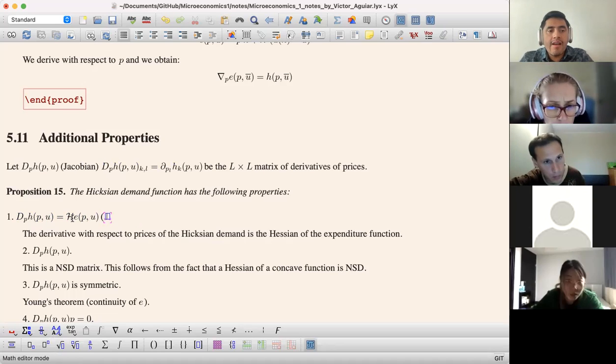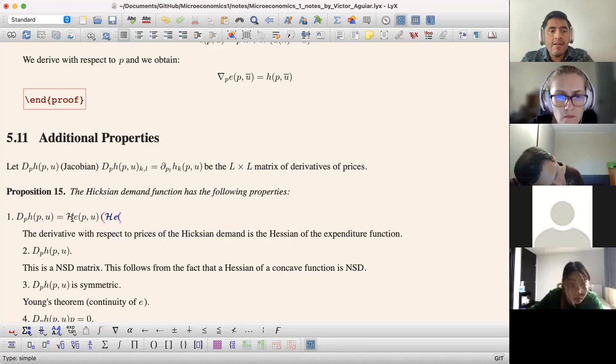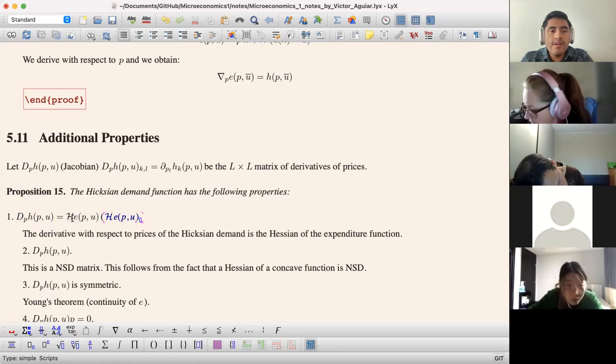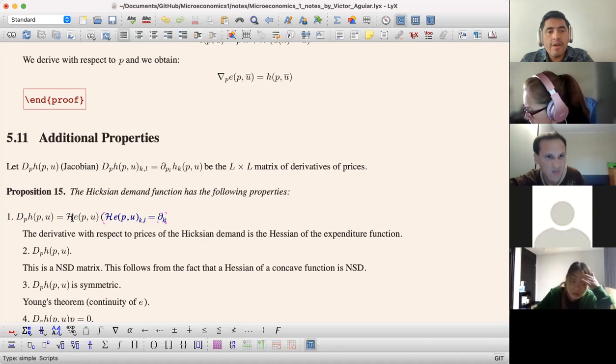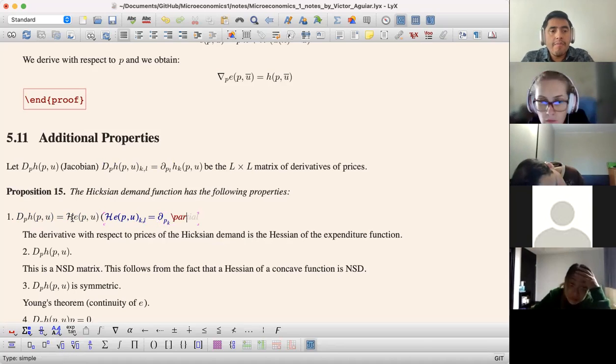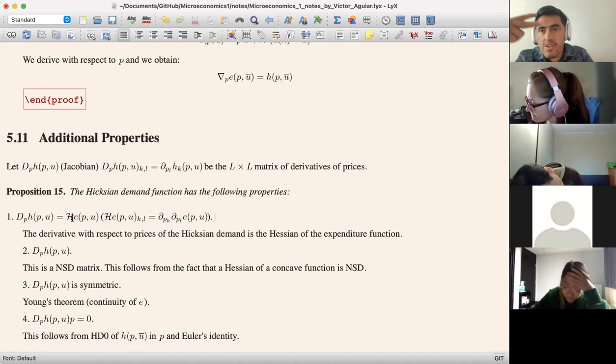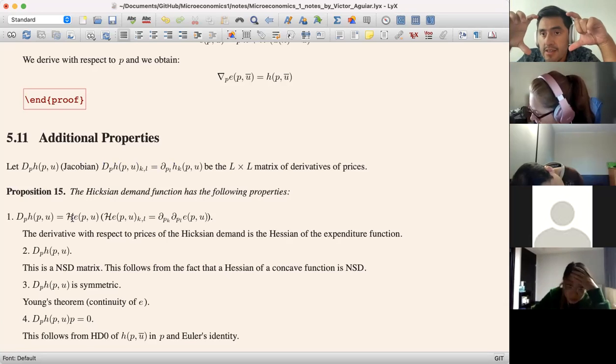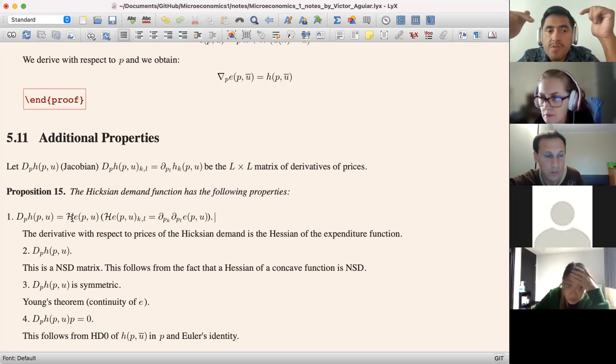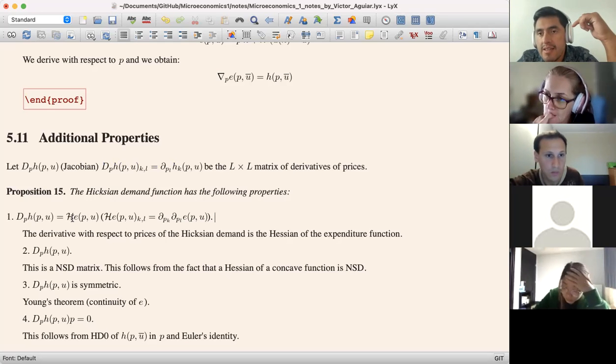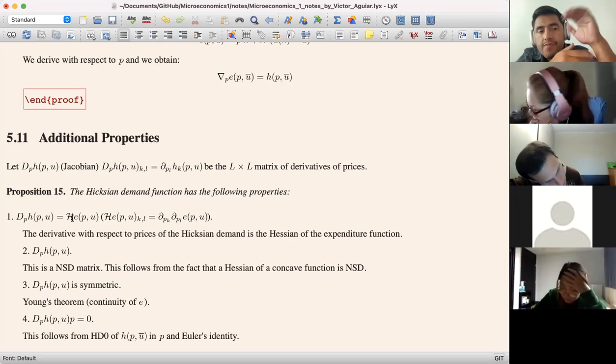A Hessian of e(p,u), the entry KL, is equal to the double partial with respect to price K and price L of the expenditure. So it's the matrix of second derivatives: you take the expenditure and derive it first with respect to price K, and then with respect to price L. And that is the entry KL.